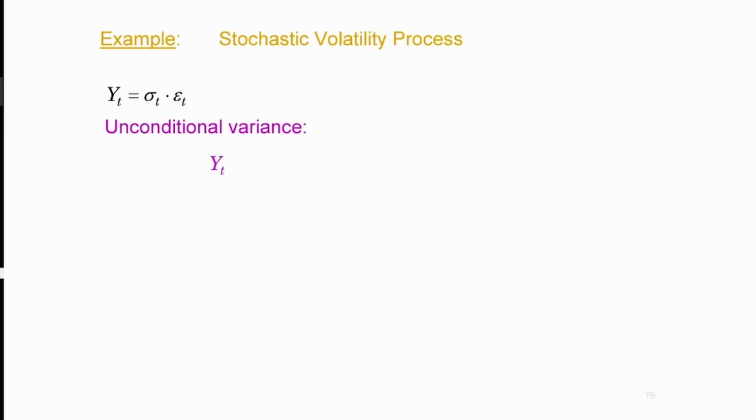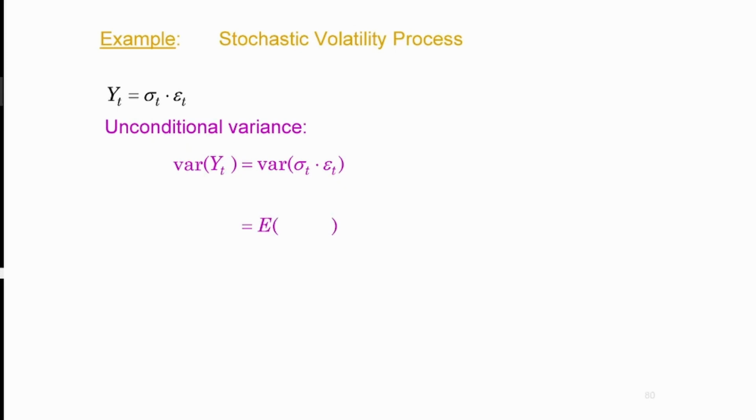Now I'm going to also consider the variance of the process. Usually when it comes to unconditional variances, I would consider the law of total variance, but since I don't have anything about the conditional variance of the process, I can bypass that relatively easily. So the variance of the process is simply the variance of sigma times epsilon.